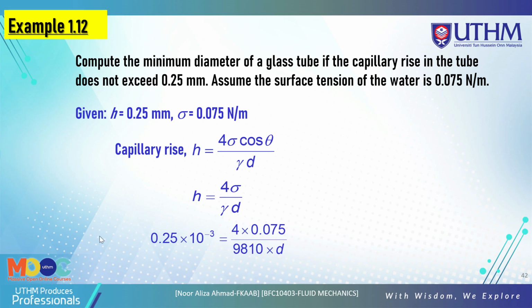Just put in all the values and you get D equal to 0.1223 meter for the diameter, the minimum diameter of the glass tube.